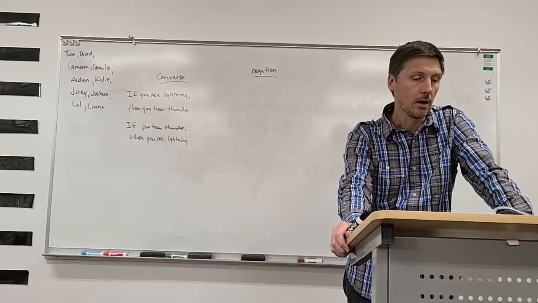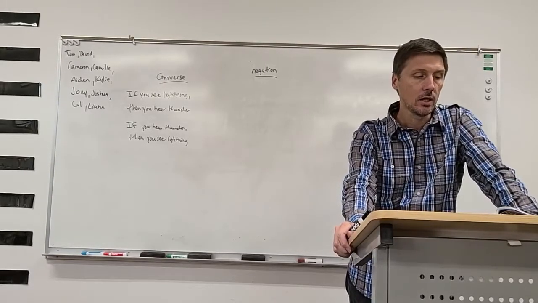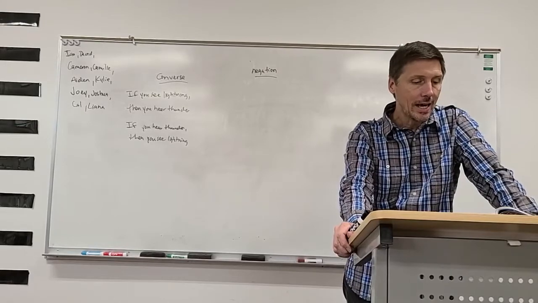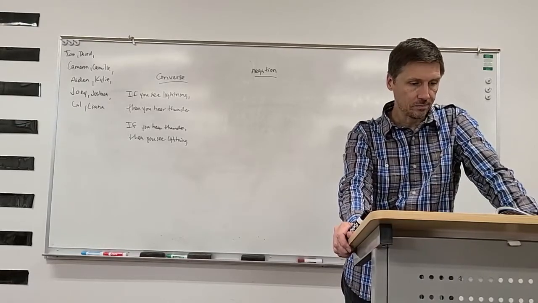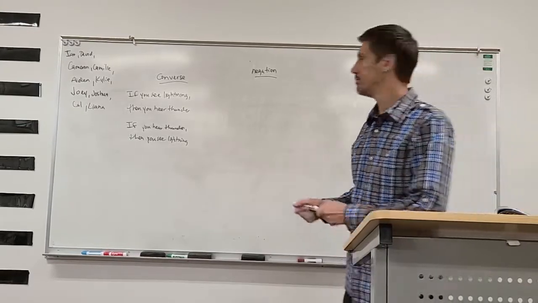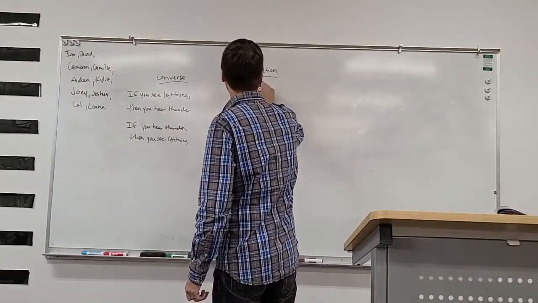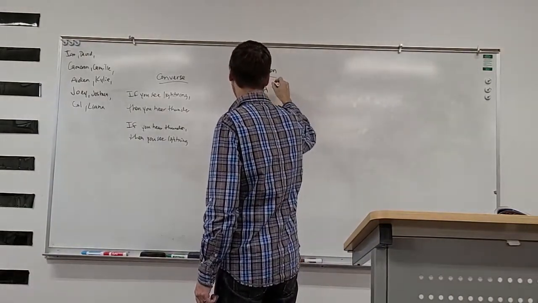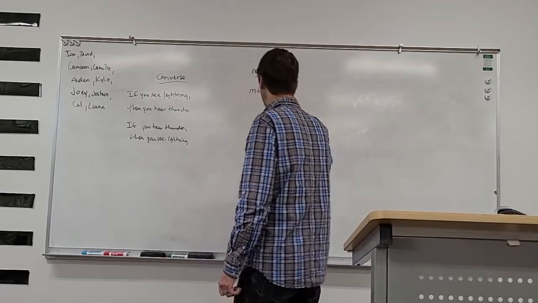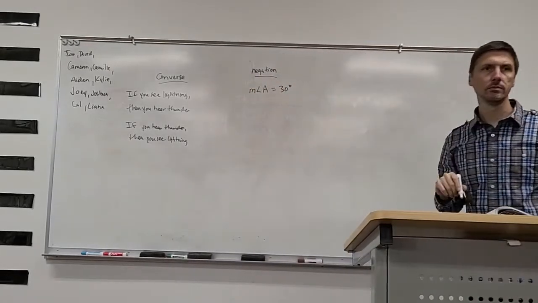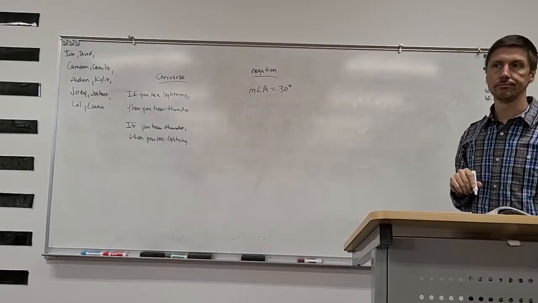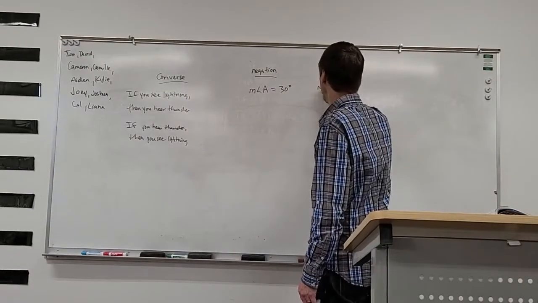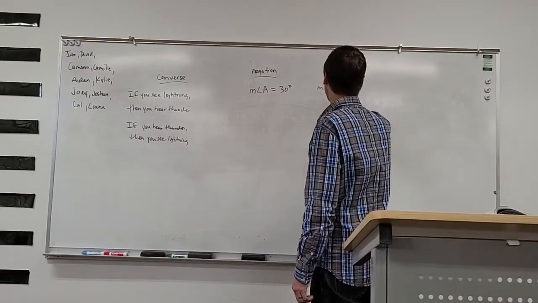So a statement can be altered by negation by writing the negative of the statement. So simple, right? The measure of angle A equals 30 degrees. What would be the negation of that statement? Yeah, the measure of angle A does not equal 30 degrees.